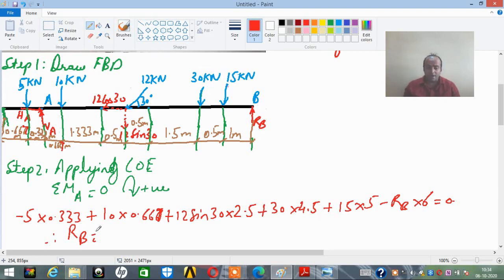It comes around 230.005. It will be going on the other side, so it will be coming as minus.